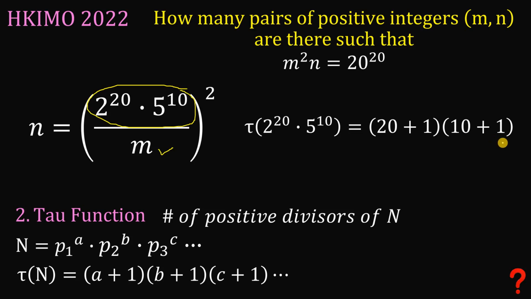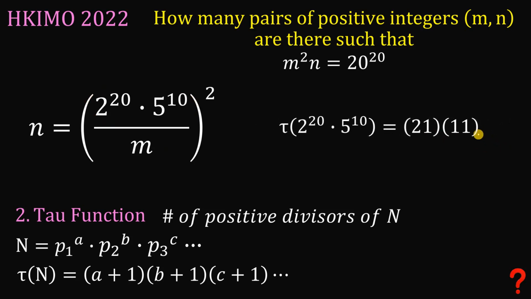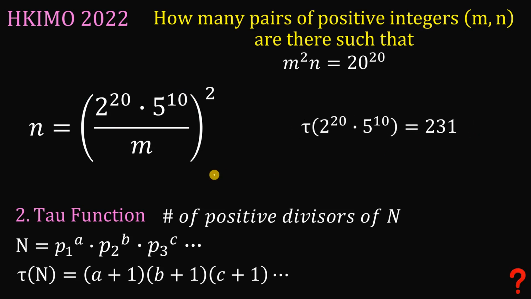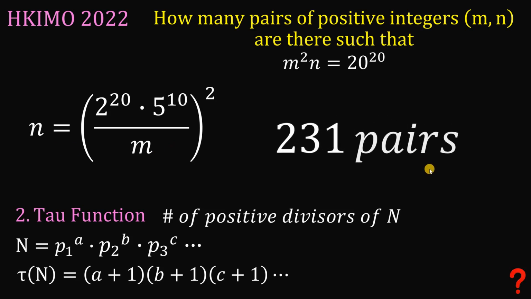And 20 plus 1 is 21, 10 plus 1 is 11, so I have 21 times 11, or simply equal to 231. So this is the number of possible values of m, and it also corresponds to the number of possible values of n. Therefore, how many pairs? Our answer is 231 pairs. And this is our answer to this question.